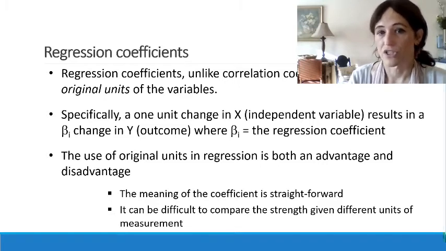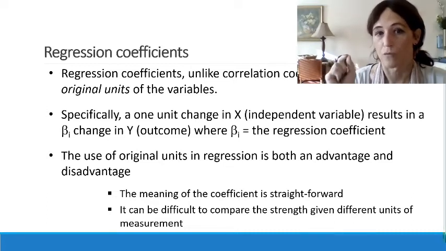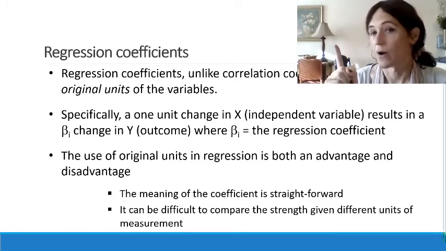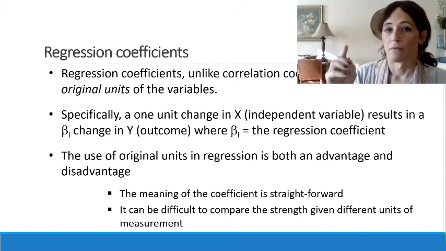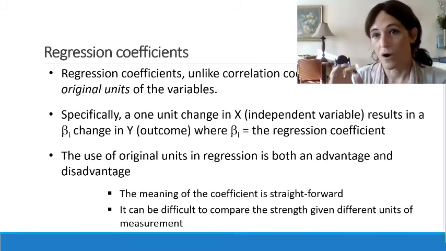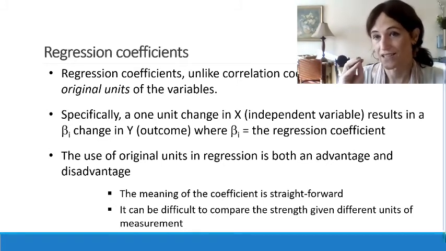Specifically, a 1 unit change in x, our independent variable, results in a beta 1 change in our outcome y, where beta represents the regression coefficient. So as x increases by 1 unit, however x is measured, the beta tells us how much y will change in its original units.